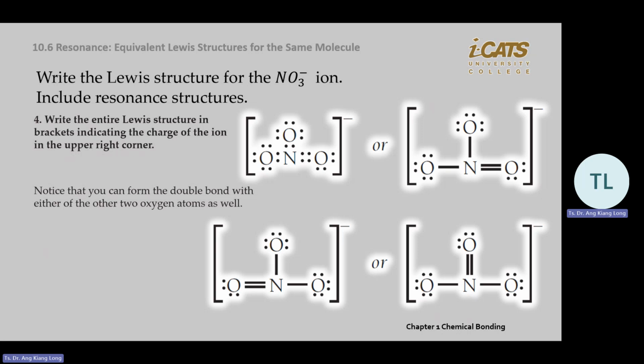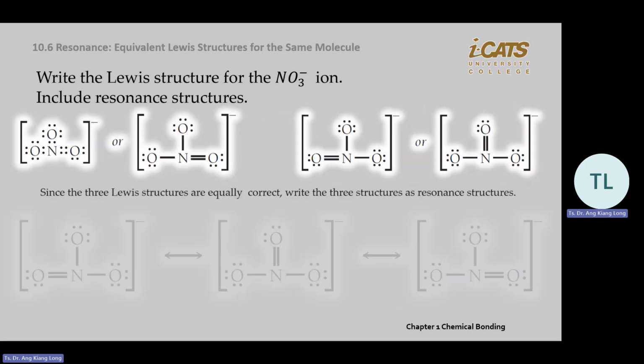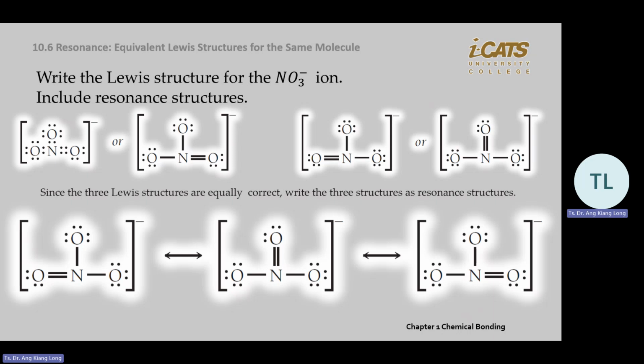Use the double arrow to represent resonance structure. If this is the question in the test, this is the answer I'm looking for. You need to write bracket, double arrow, bracket, double arrow, bracket, if this is an ion. This is the test or final exam standard for this question.